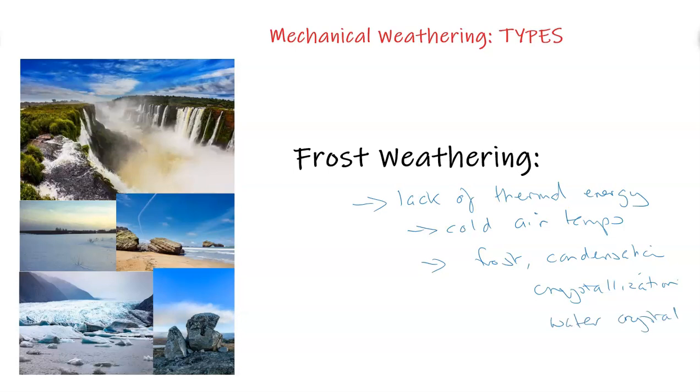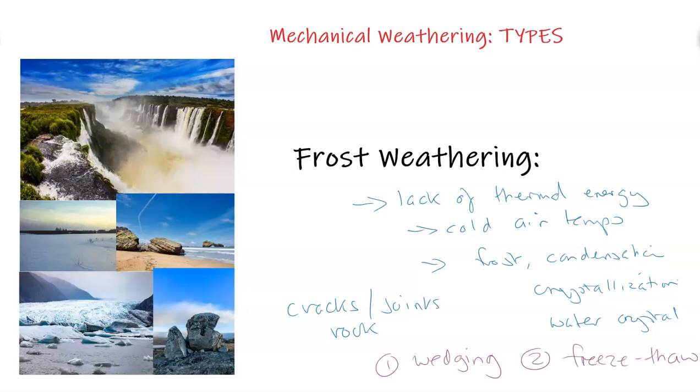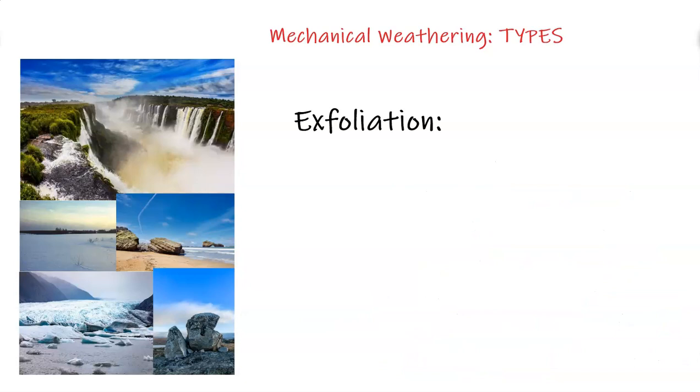Now this happens in various cracks or joints in the rock, and can occur in three main ways: frost wedging, freeze-thaw, and shattering. So the three main ways that frost can break down a rock are wedging, freeze-thaw, and shattering.